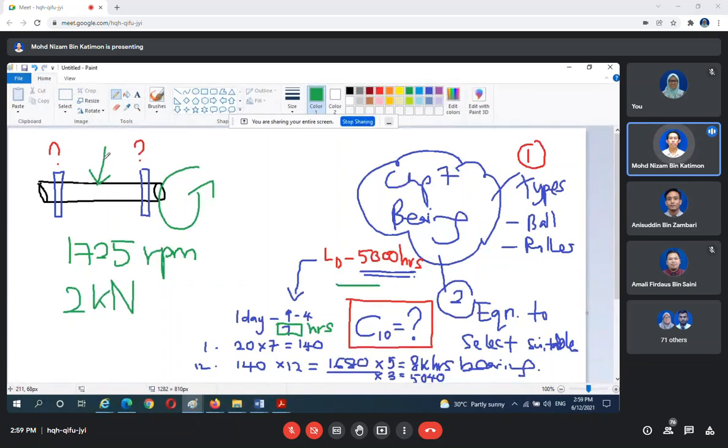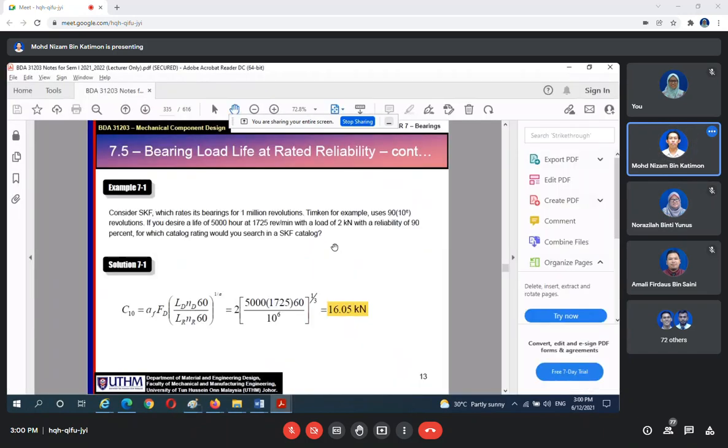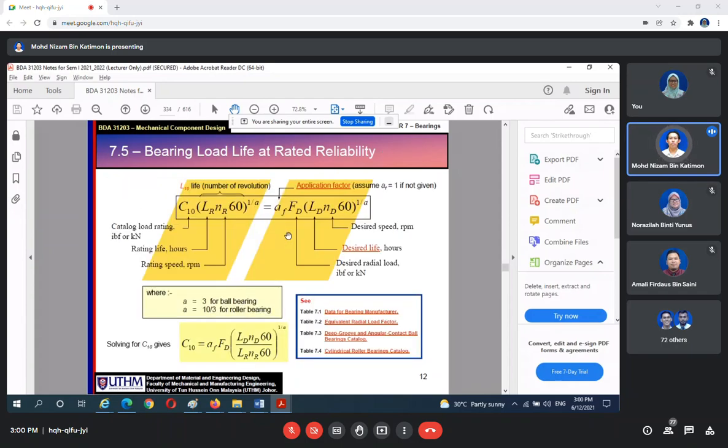We define the RPM, and we set the desired life. So this is the information that we should know: desired speed, desired life, desired load, based on our design.